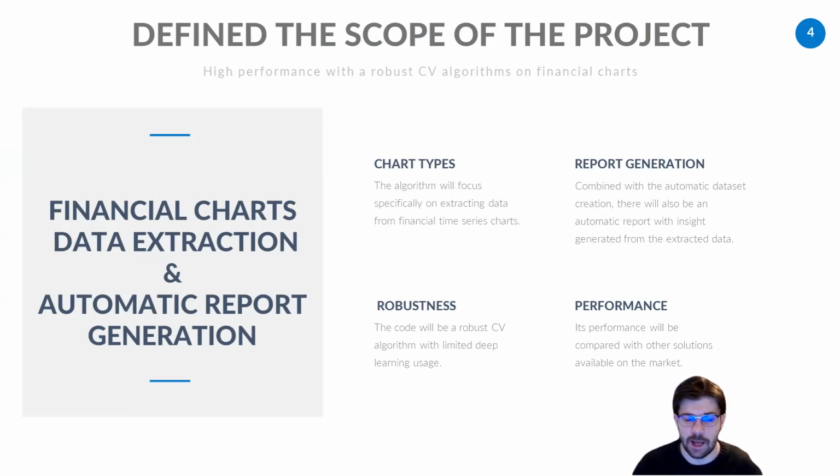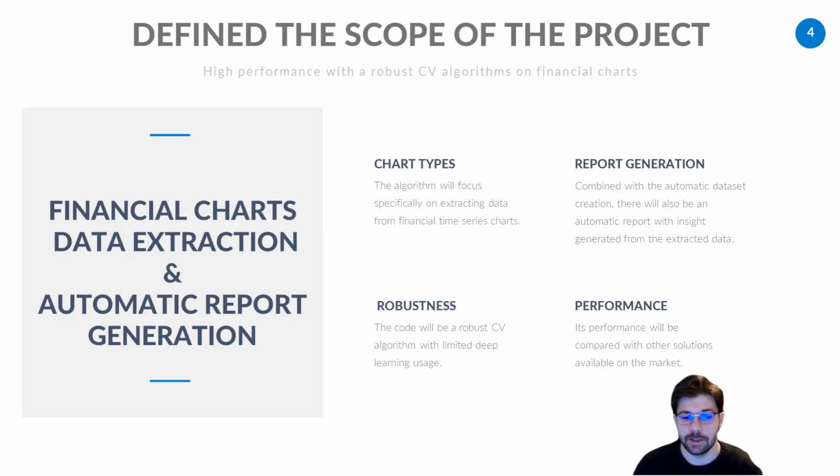That I've found is that I want to use a robust computer vision algorithm so that I can extract all the information through all the different functions and the mathematics behind computer vision. So I'll be using deep learning as well, but only to detect where the template, where the chart is within the frame itself. And then everything else will be done through computer vision.